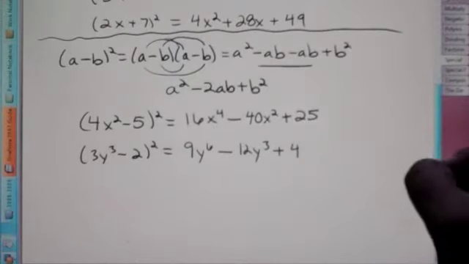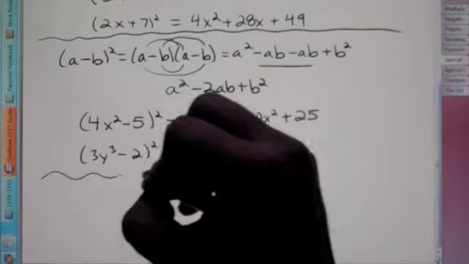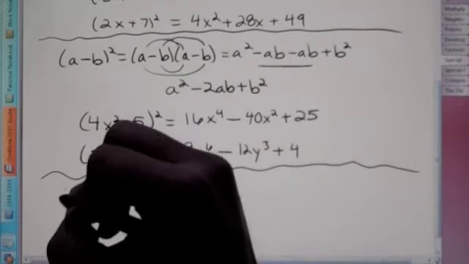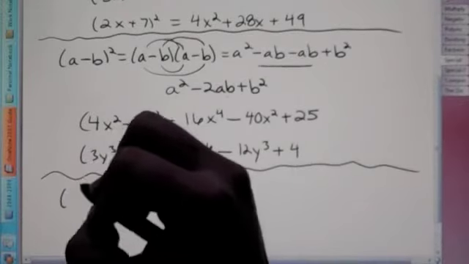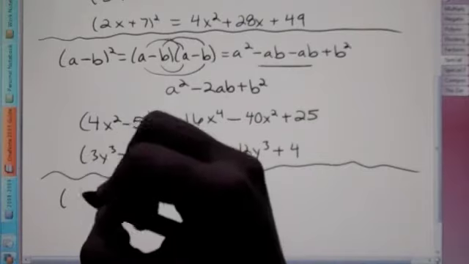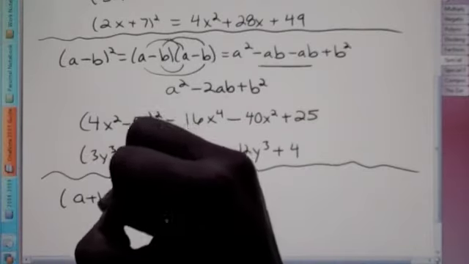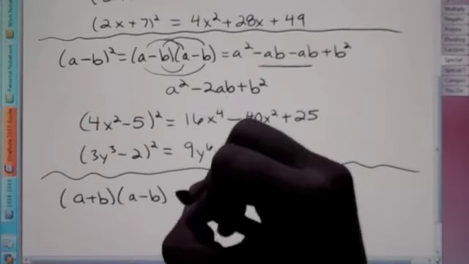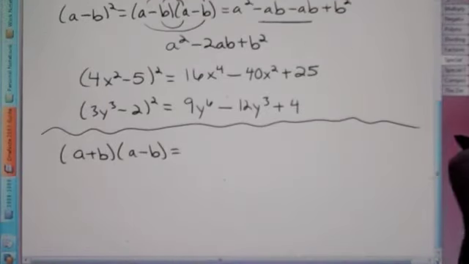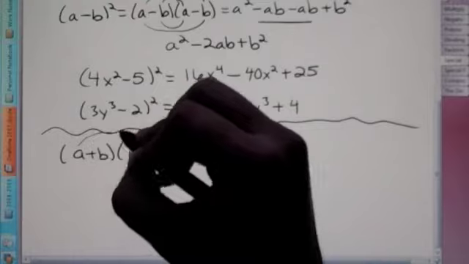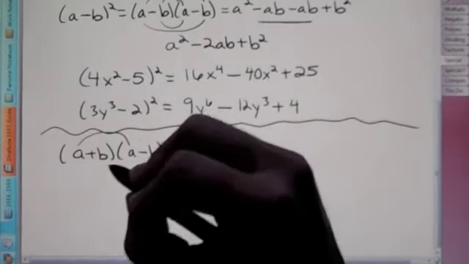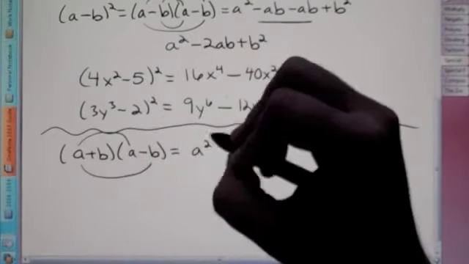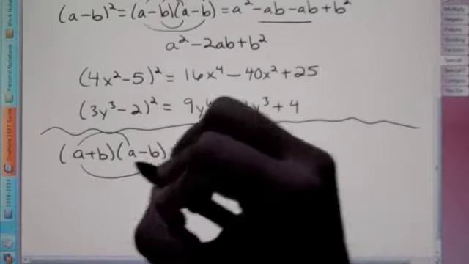Now our final one that you're going to see is when it looks like this. (a + b) times (a - b). Now we're going to do our FOIL method. So a times a is a squared. Outer, a times negative b is negative ab.